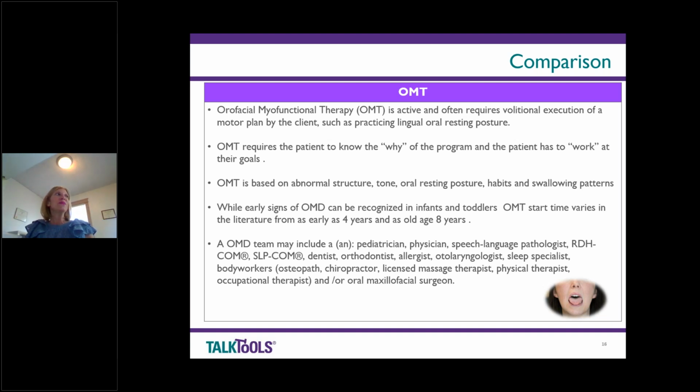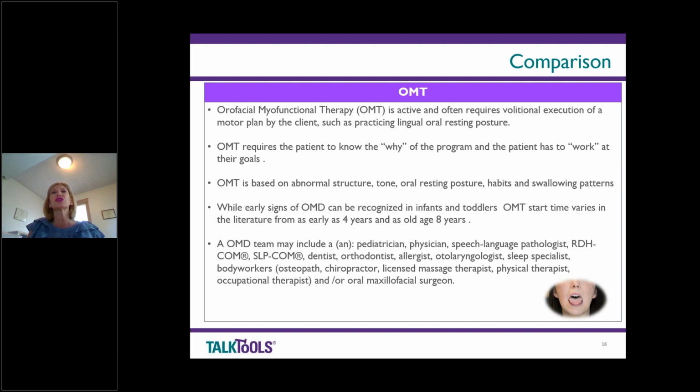In OMT, it really requires the patient to know the why of the program. And the patient is actively involved at working on their goals. So why are we here in myofunctional therapy? Because I'm sucking my thumb and I need to stop. Why are you in myofunctional therapy? Because I had a tongue tie and I have to learn how to use my tongue right.